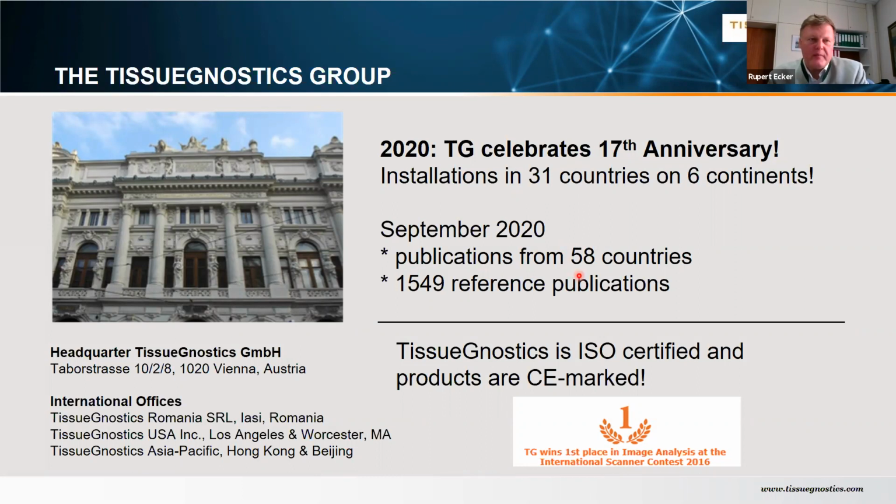You can also find them on our website in a searchable database. And I would like to emphasize that TissueGnostics is not just a software company. We are in fact a manufacturer of medical devices and have been certified for ISO 13485 first time in 2008. And this is the main quality norm for medical instruments.